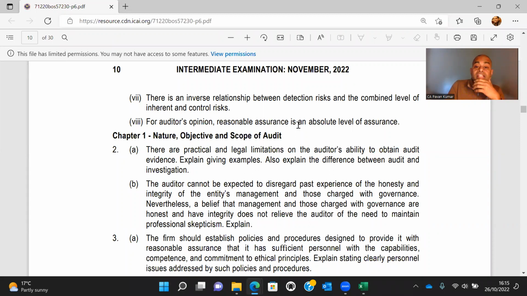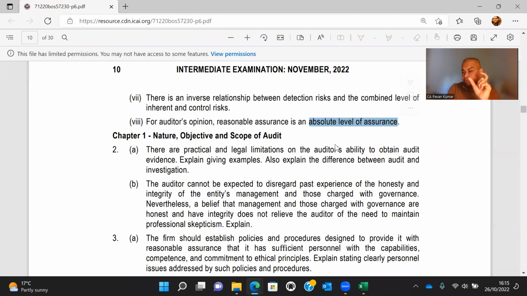For auditor's opinion, reasonable assurance is an absolute level of assurance. Can you give absolute assurance in case of audit? Very good. Why can you not give absolute assurance?